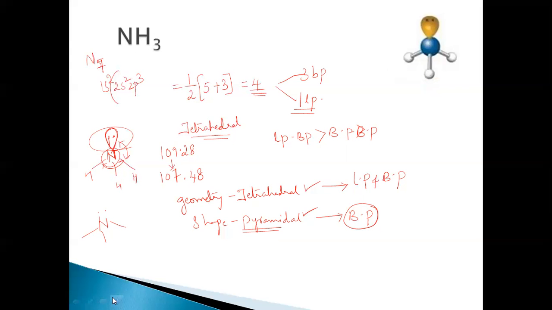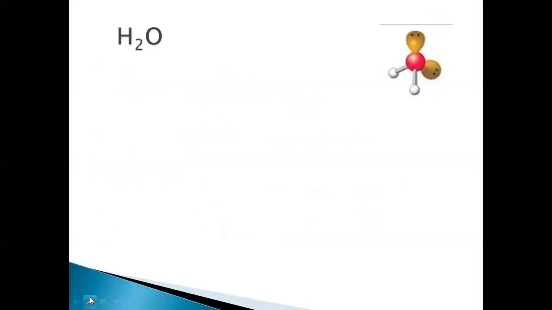And let's look at the water molecule shape also, based on this VSEPR theory. When we come to the water molecule, this oxygen has 6 valence electrons: 1s2, 2s2 and 2p4, right?